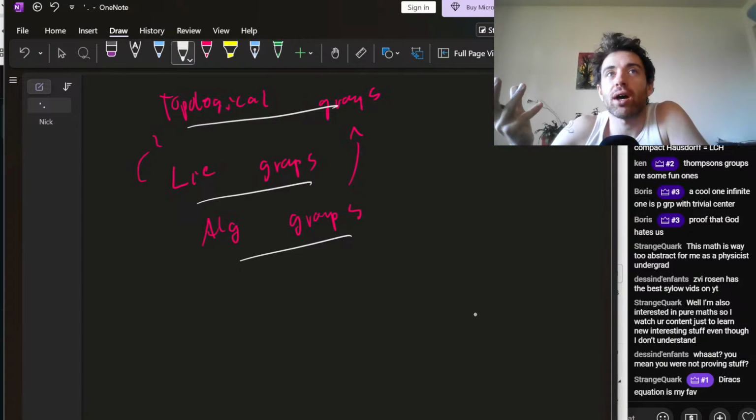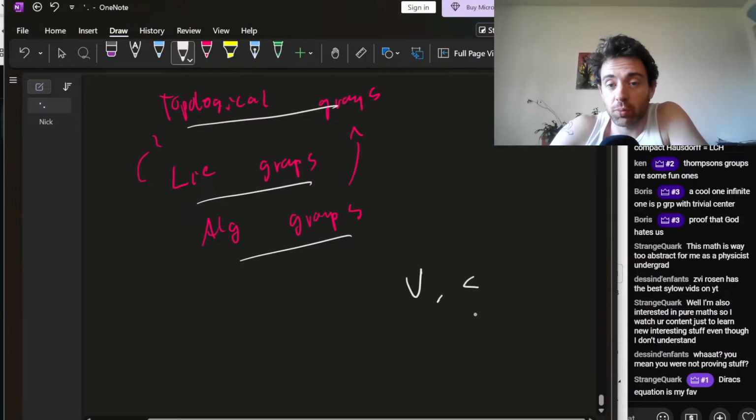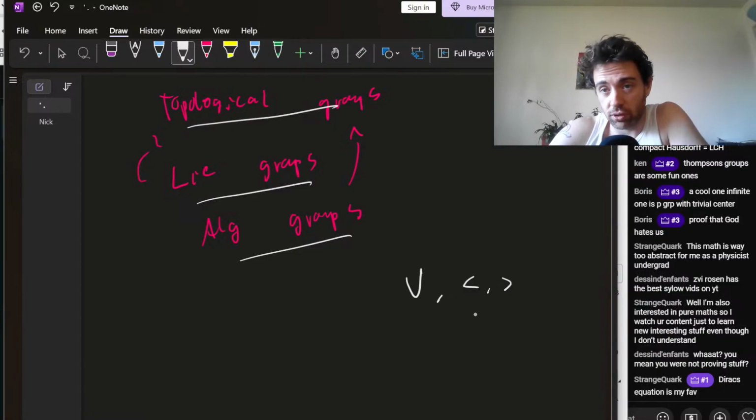Right. So it's just if you have structure there, like for example, we love studying vector spaces. Vector spaces are great, right? But what's even better than a vector space is one equipped with some sort of inner product, like a Hilbert space. It's just more structure. There's just more you can say about it and more you can do with it.